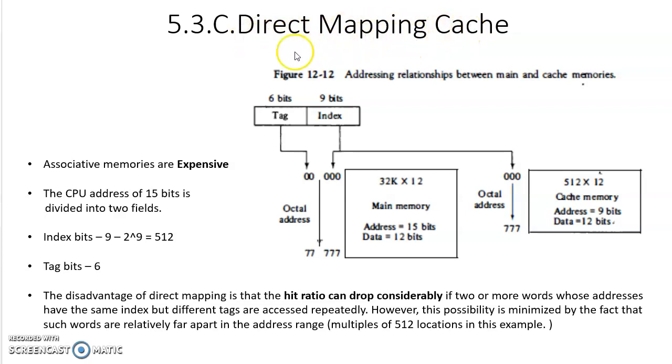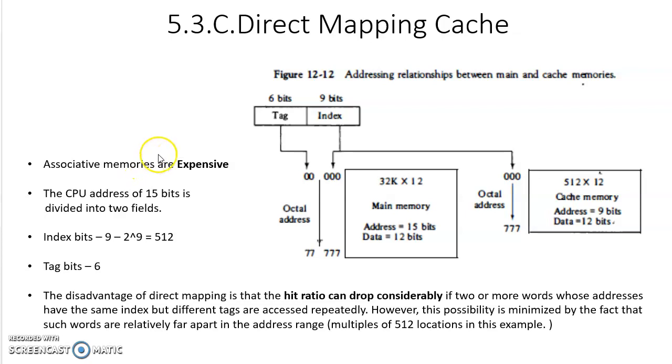In the direct mapping we will try to reduce the number of address bits that are stored along with the data. Address bits are required to match with the address given by the CPU, but that could be reduced.